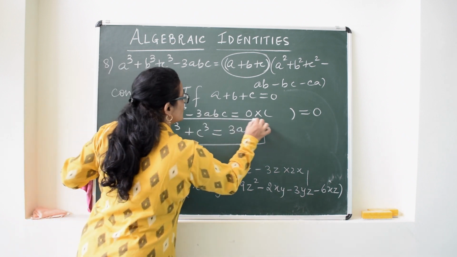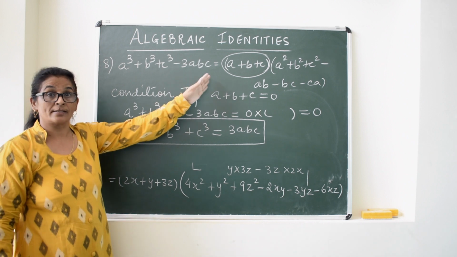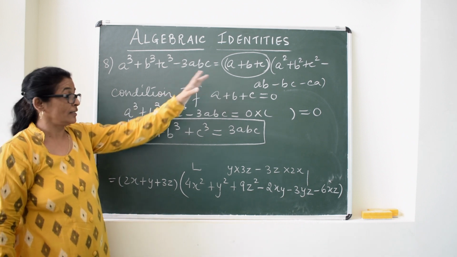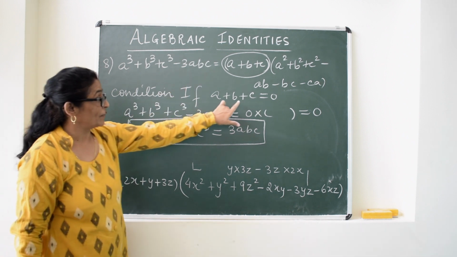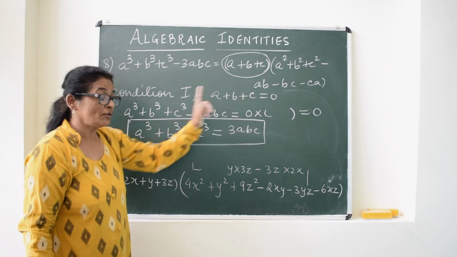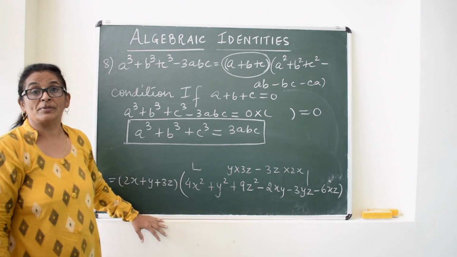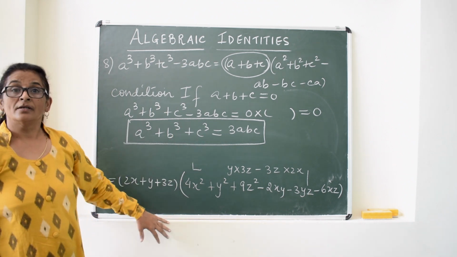So this condition comes from the identity a cube plus b cube plus c cube minus 3abc, from that only. Now if a plus b plus c is 0, then a cube plus b cube plus c cube is equal to thrice abc. This we can use in the questions also.